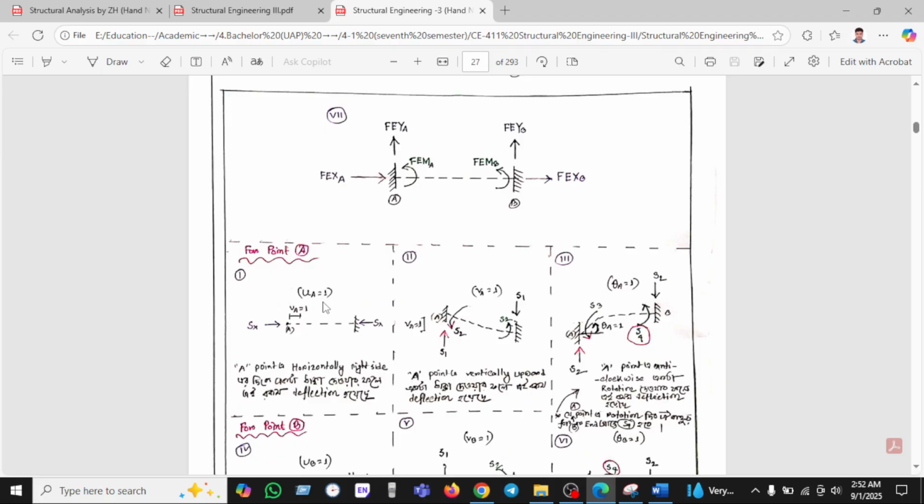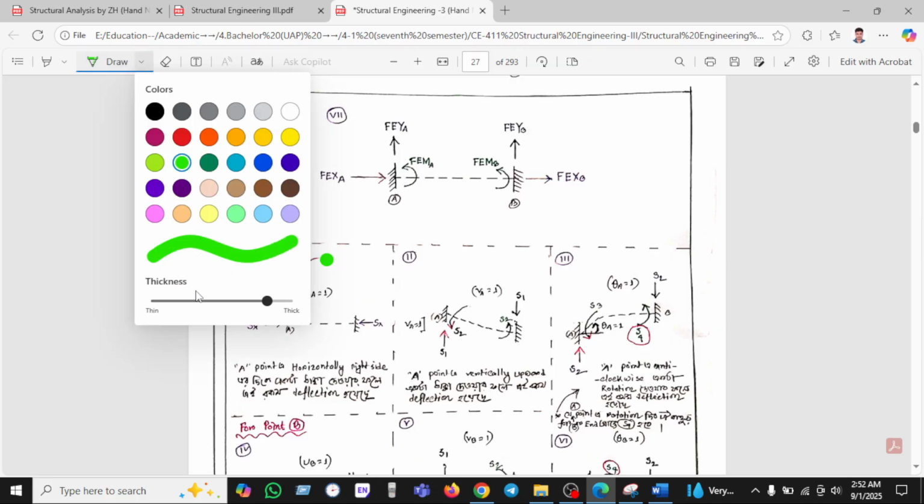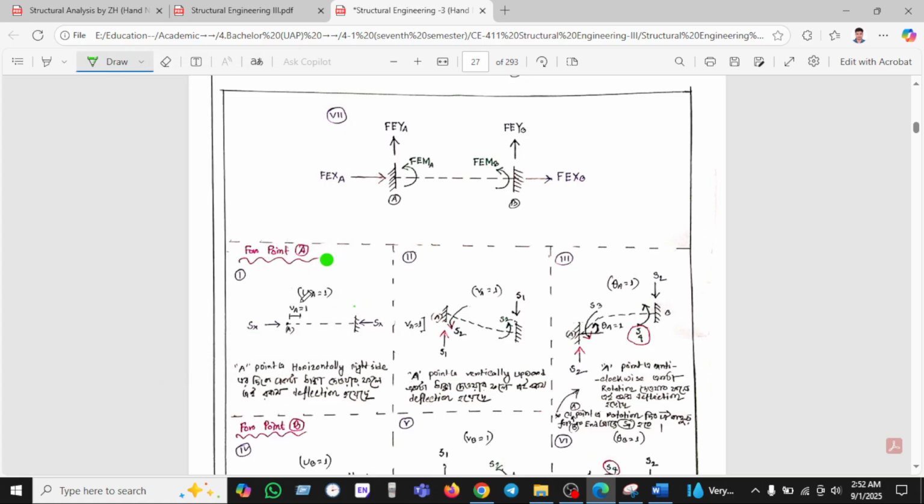Here we have used one unit of axial load from left to right. This is the S_X, so we can call it S_X.